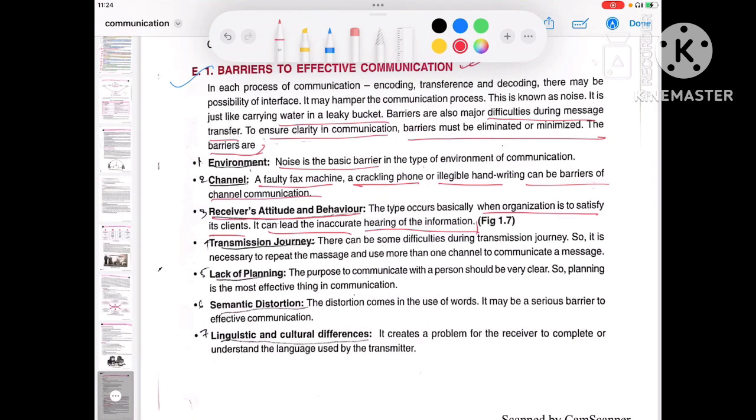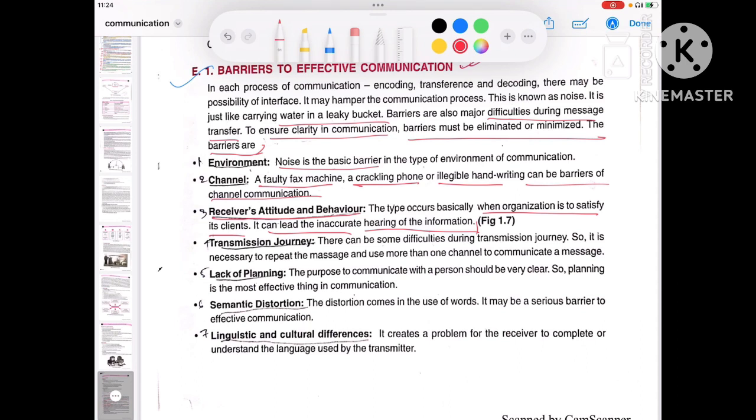We nurses provide care according to the satisfaction of the patient, not for the satisfaction of the nurses or the hospital. So the attitude is very important.